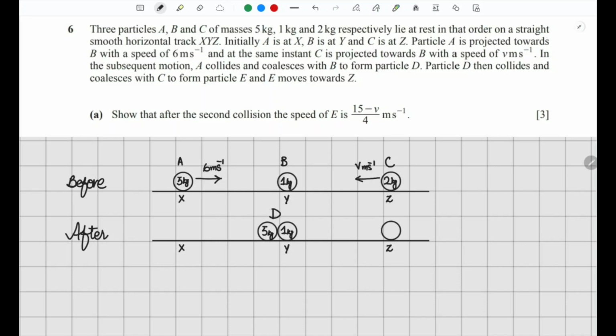So particle D then collides and coalesces with C to form a particle E. Okay, now this moves towards C, which is already moving towards Y. Now it is not at Y, obviously it's moving, so it's going to be somewhere in between. Okay, so it must be somewhere here. So this is your first collision.